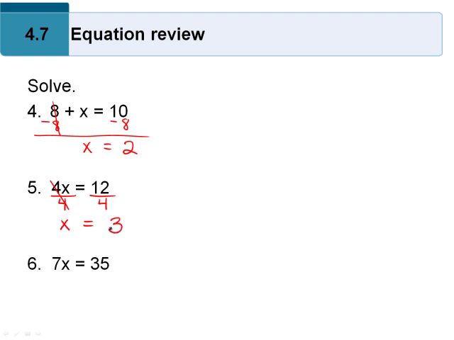Number 6, same idea, 7x equals 35. So 7 times x, I need to divide by 7 on both sides. The 7's cancel, x comes down, and 35 divided by 7 is 5.